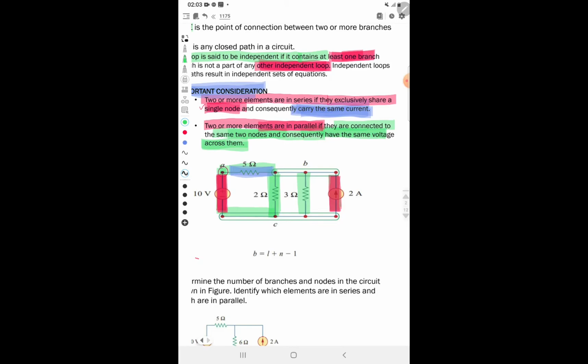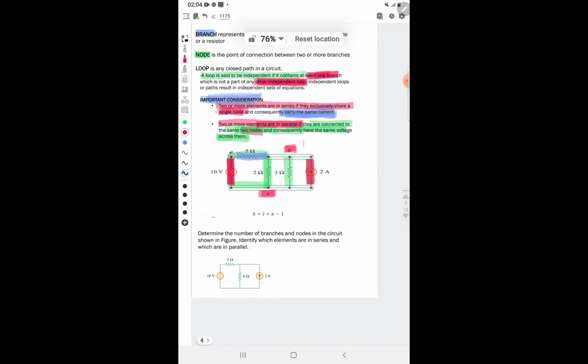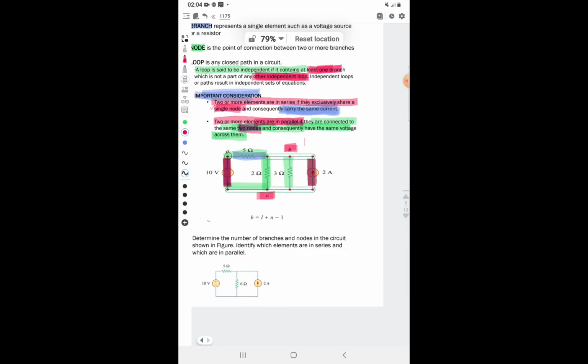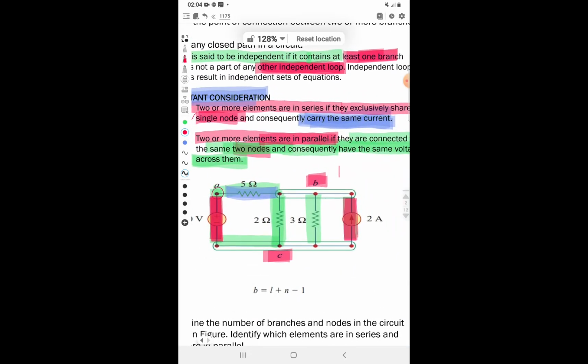So take note, if they are connected in parallel, they have the same voltage and they are connected by two nodes. They are connected by nodes B and C. So from that, we can only see three nodes. How come that they have the same node? The node B and the node C.